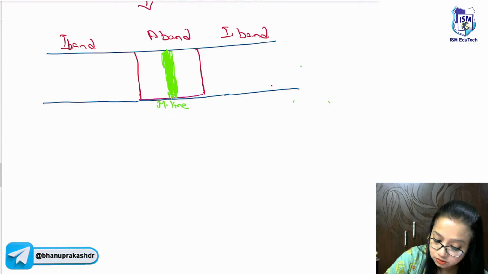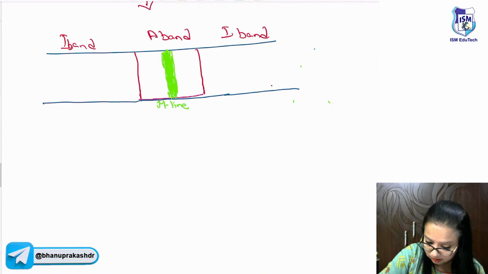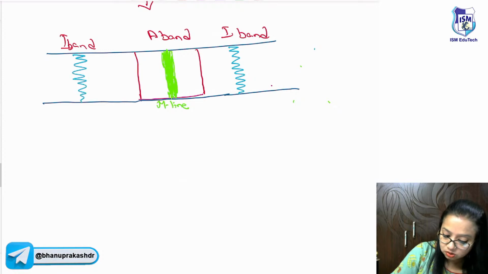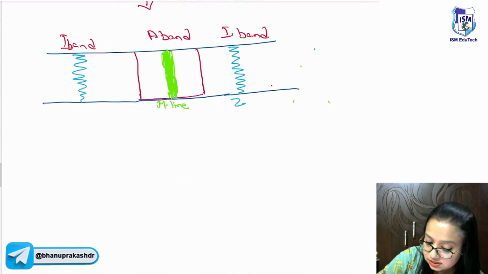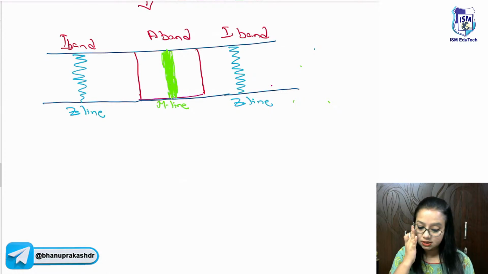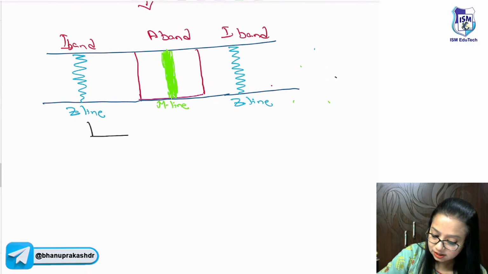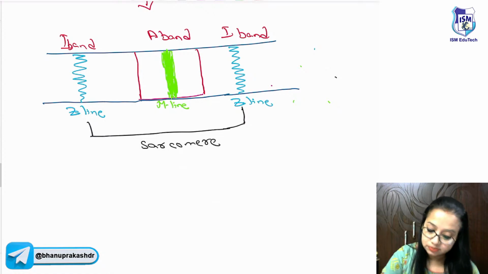Now, from either side of this I band, a line penetrates all the way between the I band. Now, this is the Z line. Sarcomere is the area between the two Z lines. Okay. Sarcomere is the area between the two Z lines.